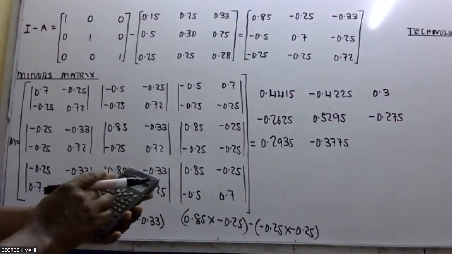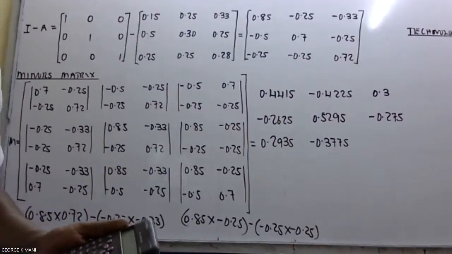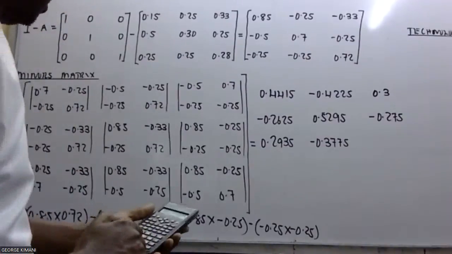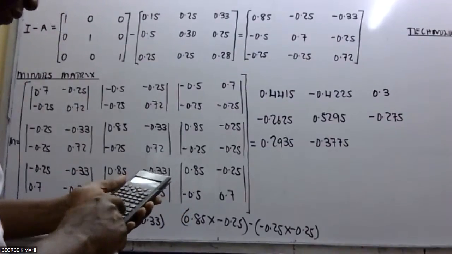Open the brackets, 0.85 times... This one I'm getting 0.47.